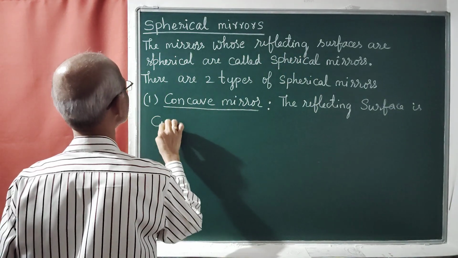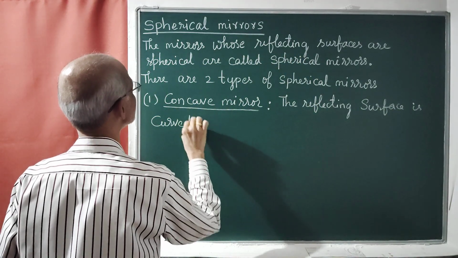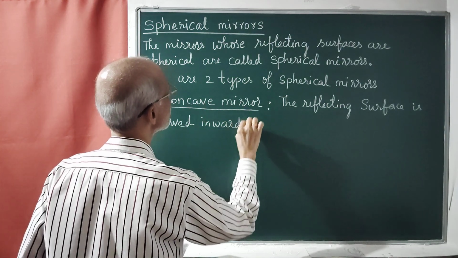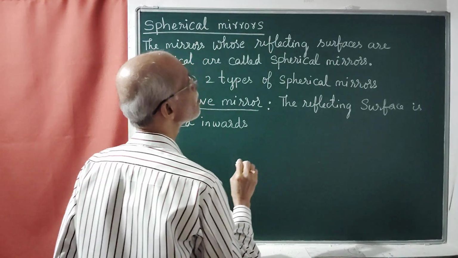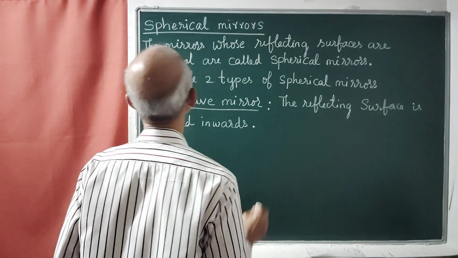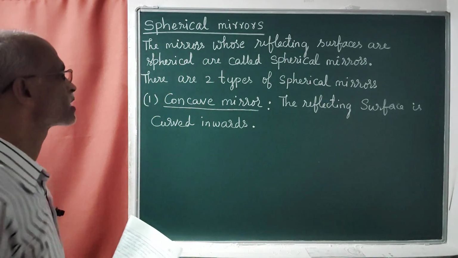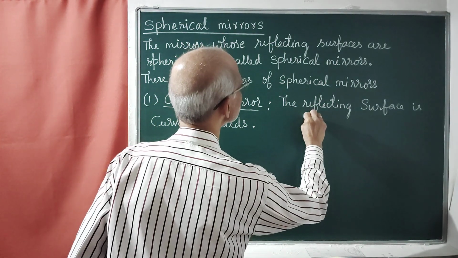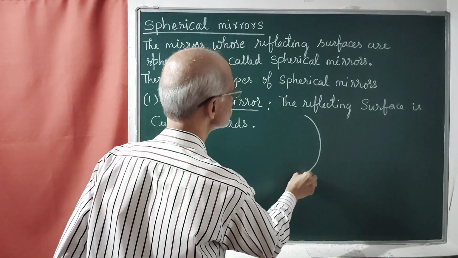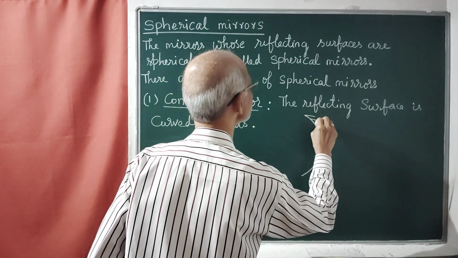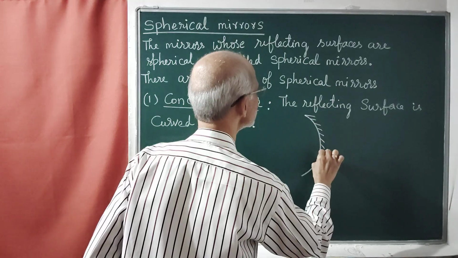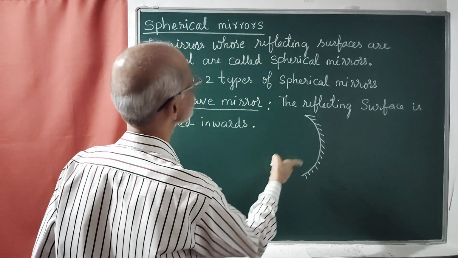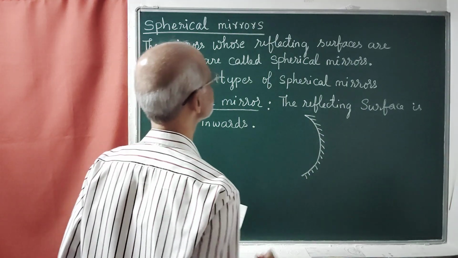In the case of a concave mirror, the reflecting surface is curved inwards. See? It is curved inwards. This is the back of the mirror, and this is the front part. It is curved inwards. It's called a concave mirror.